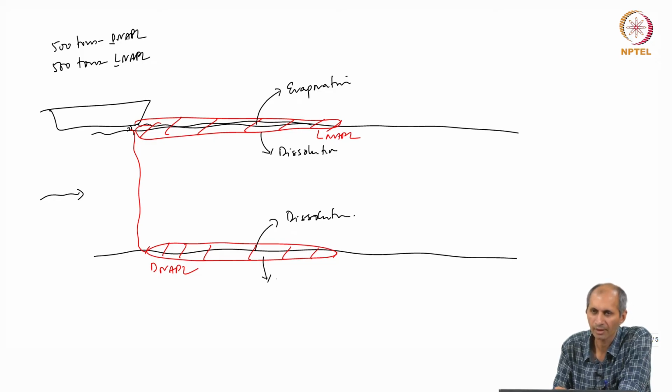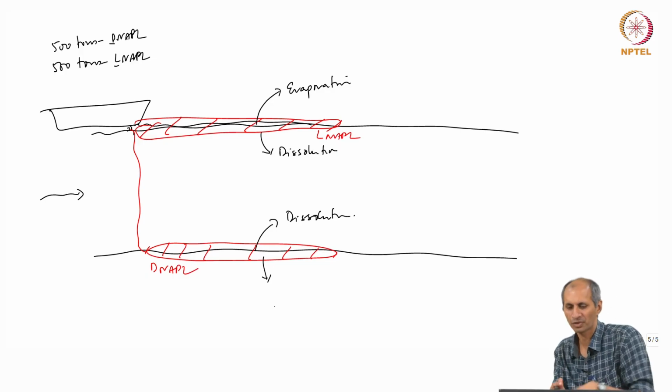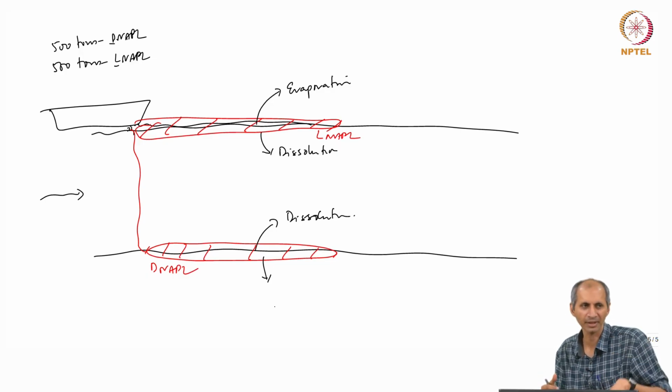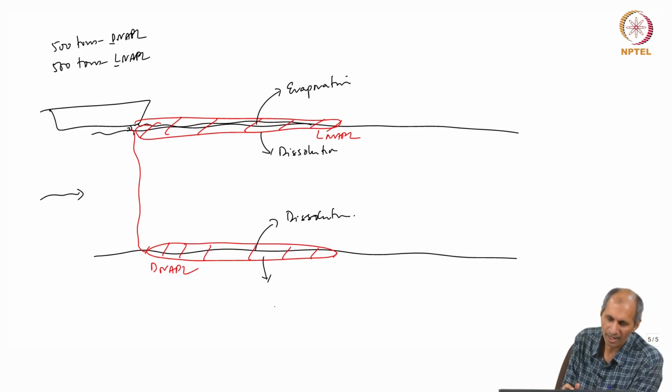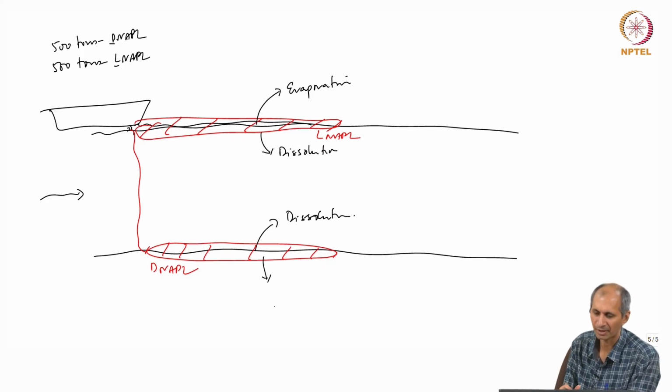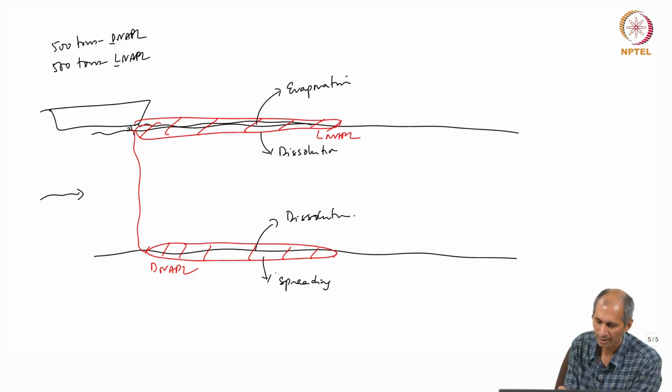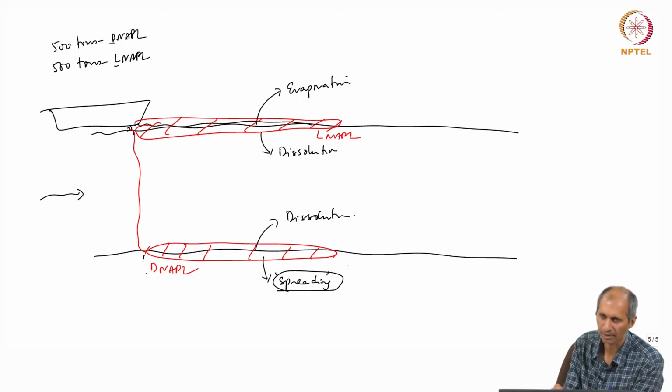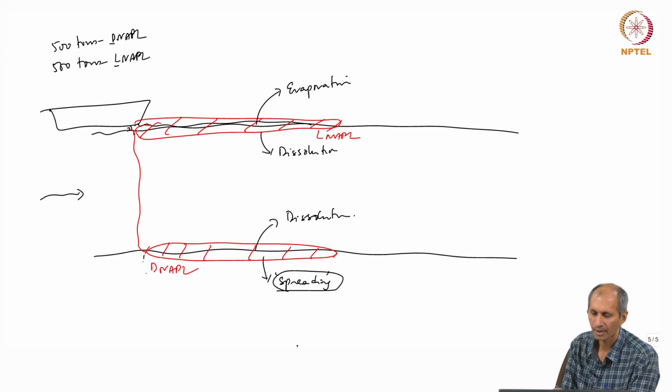Here also something is happening. This is also spreading into the sediment, a process we will discuss after finishing this set of examples. We will call it spreading for the time being. The contamination is spreading downward, so it is going below. So, all these processes are there.